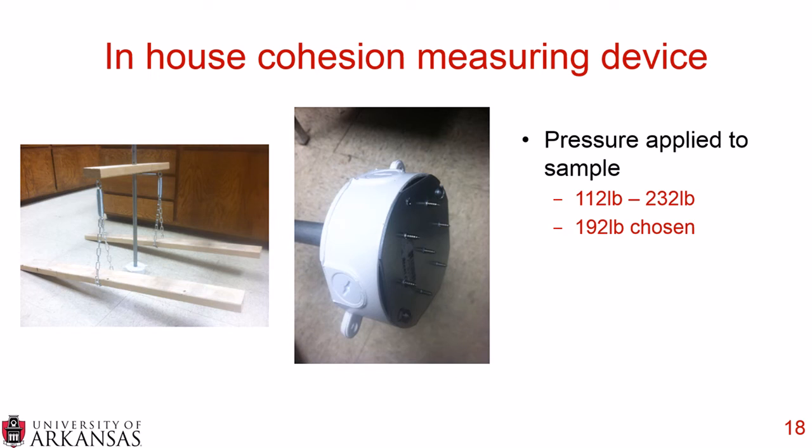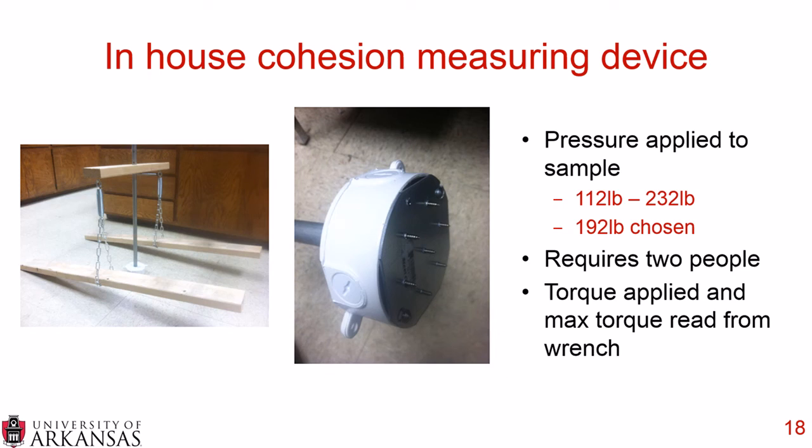You apply about 192 pounds of torque, and what you do is you look at the maximum amount of torque that is read from the wrench when you start twisting in order to obtain failure of the sample of pavement. So once it starts moving in the pavement, what sort of torque is being applied to the pavement? And we found that about 192 pounds was the limit before you could start seeing deterioration of the surface.